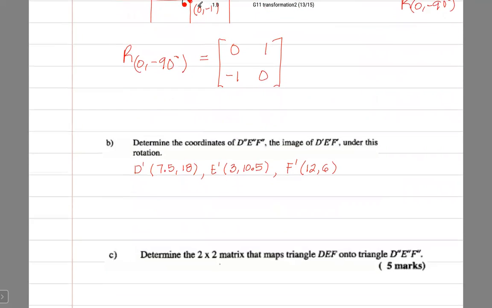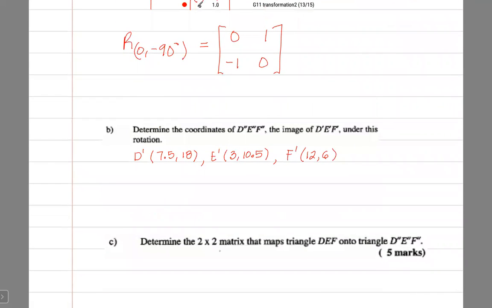Next, we're asked to determine the coordinates D double prime, E double prime, F double prime, the image of D prime, E prime, F prime under this rotation. The number of columns in the first must be equal to the number of rows in the second.